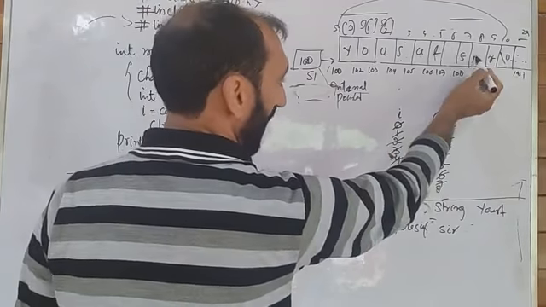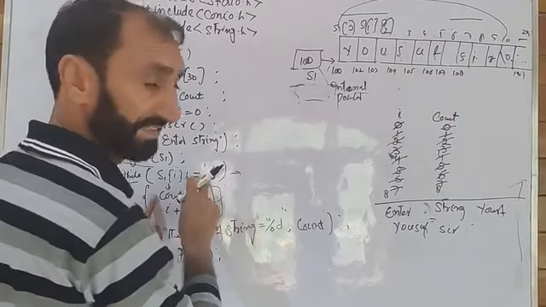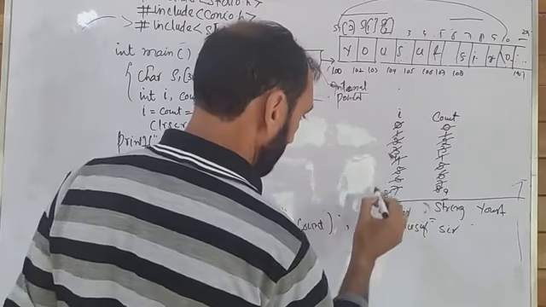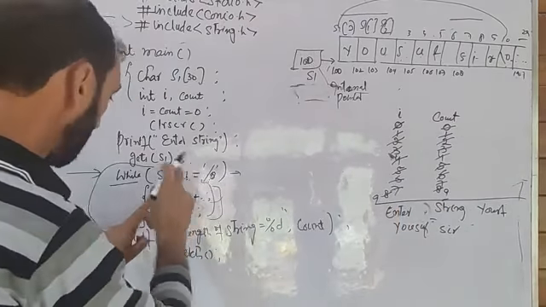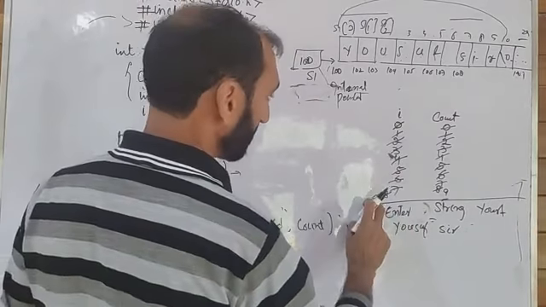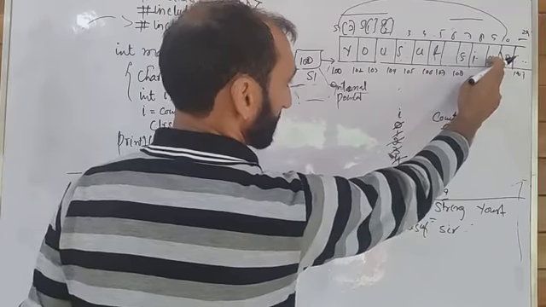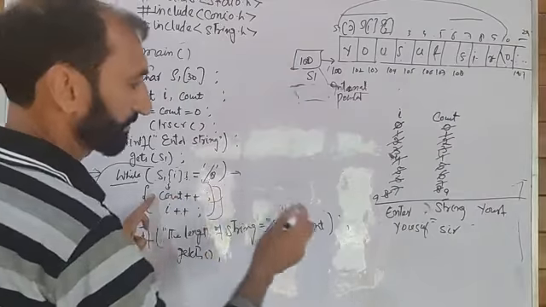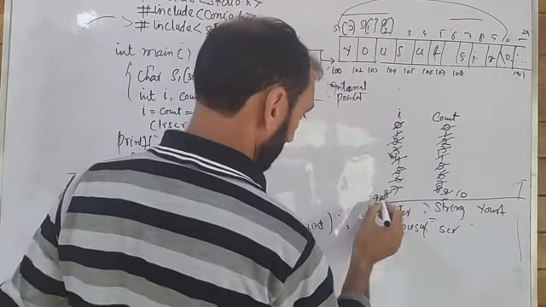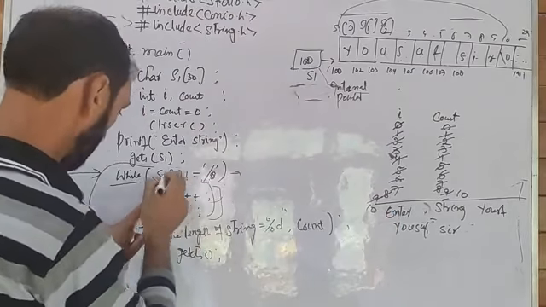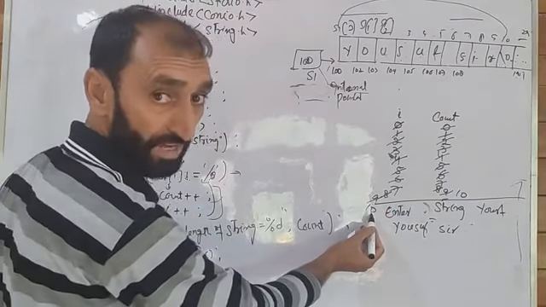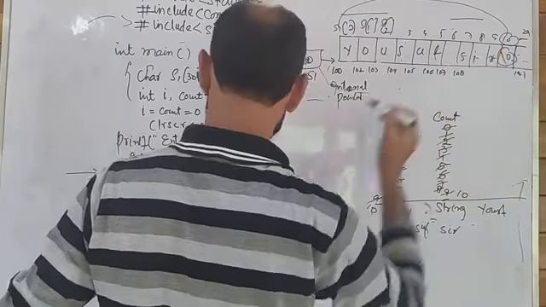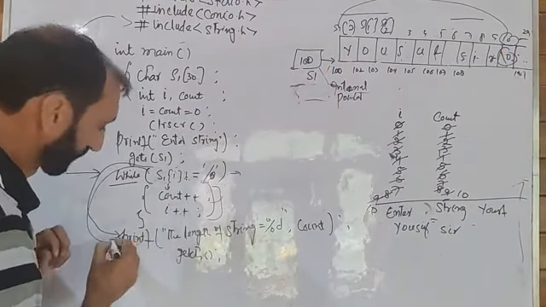S1 of 8 is not \0, so the condition is true, count becomes 9, I becomes 9. S1 of 9 is not \0, so count becomes 10, I becomes 10. S1 of 10 is this \0, so the condition is false and the control will go outside the body of the loop.